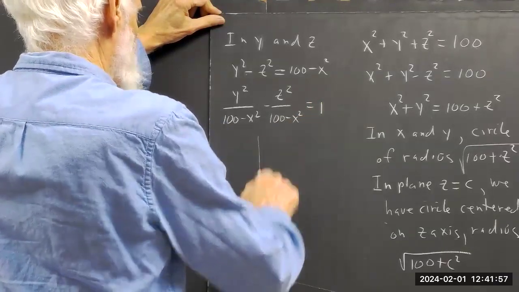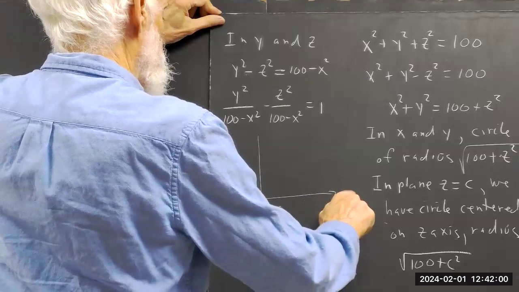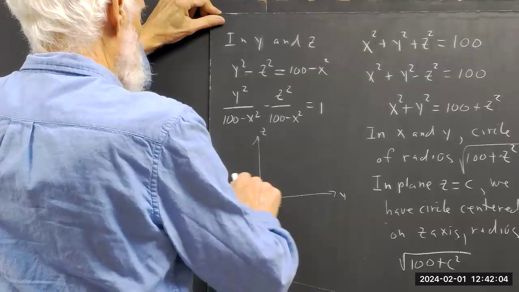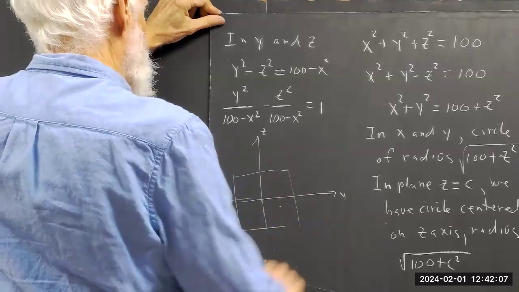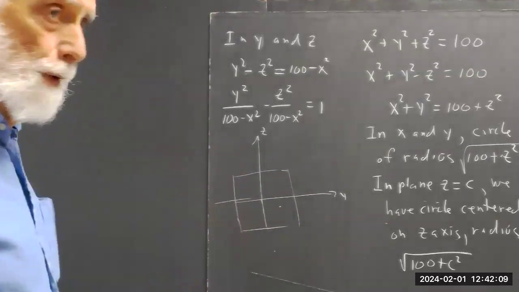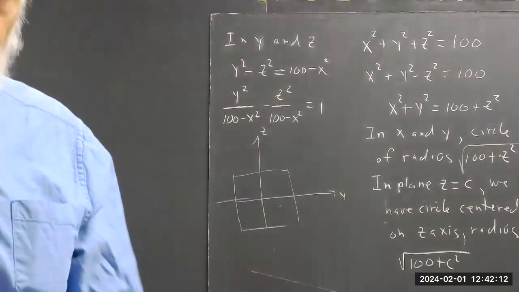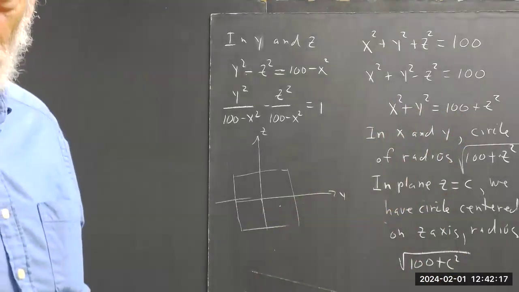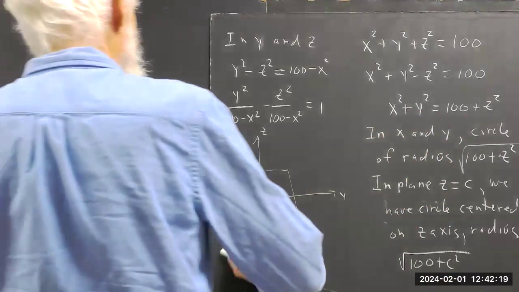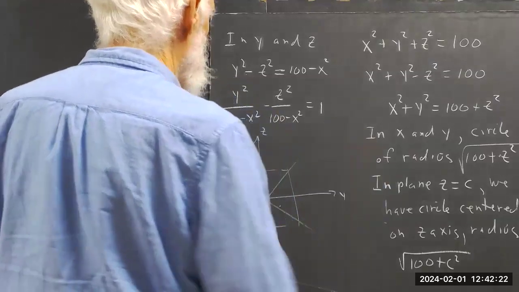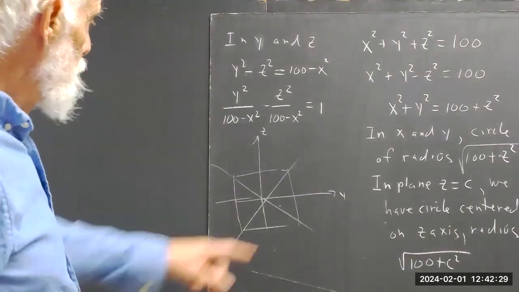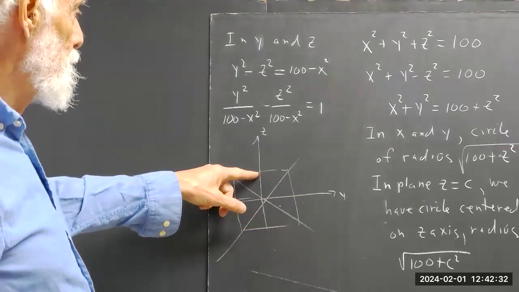In y and z, you now get the rectangle that I advise you to use to visualize where the hyperbola or ellipse is, okay? And you have line segments through it. And your vertex, well, is your vertex on the y-axis or on the z-axis?